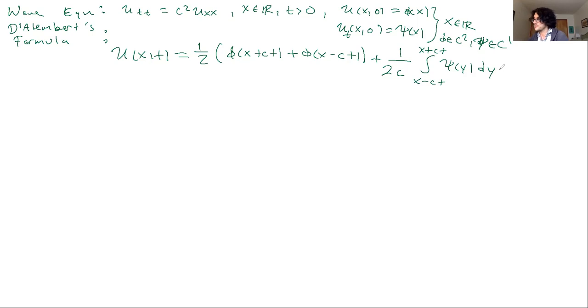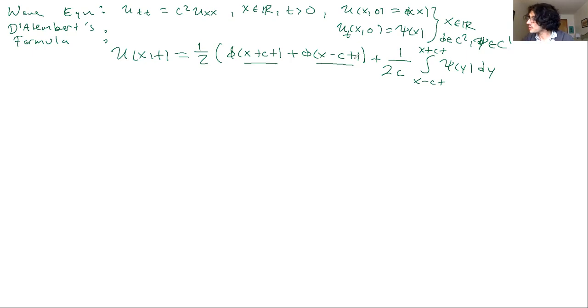Okay, so that's going to propagate as well from any initial disturbance in the velocity. So we worked out why that is the formula for the solution. It has to do with the fact that these two characteristics are strongly indicative of what happens to the initial conditions in the wave equation.